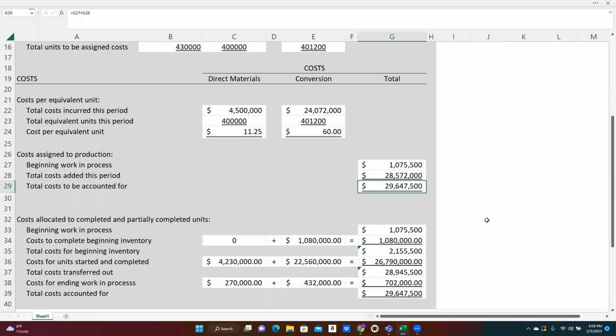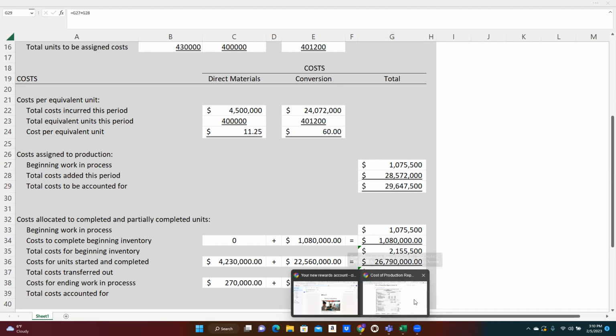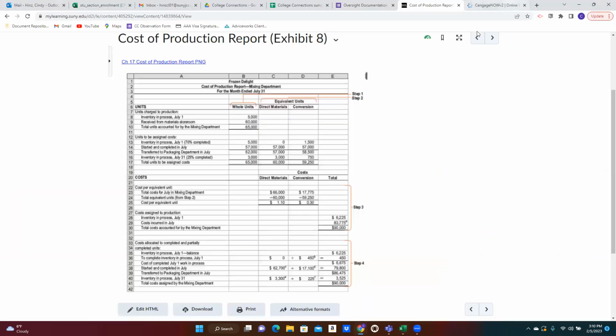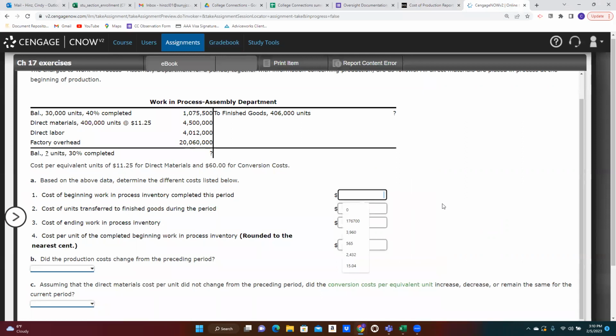And now, using the information we have here, we can go back to our exercise in Cengage, there it is, and answer these questions. The cost of beginning work in process inventory completed this period.